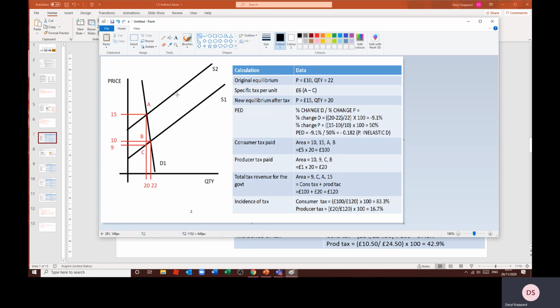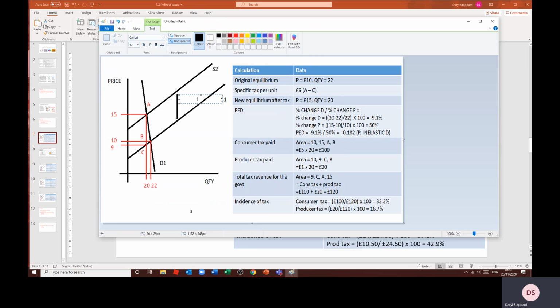Remember, the vertical distance between the supply curves shows us the tax per unit that's been paid. So what I can see here is the tax per unit is going to be, let me look at the numbers here, £6. Every unit of output sold, the tax per unit is £6.